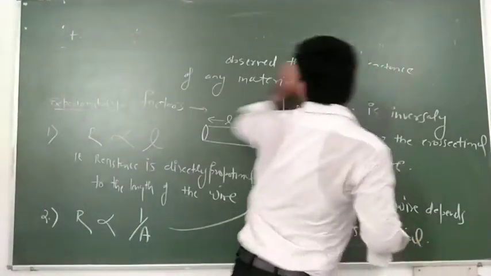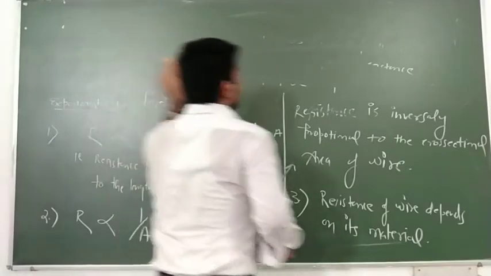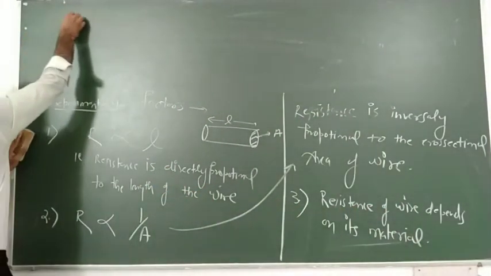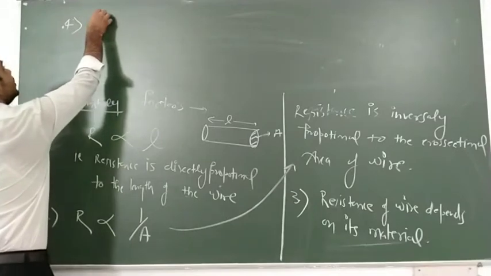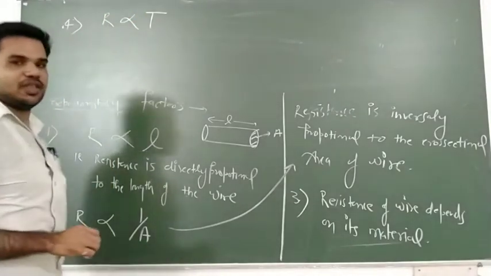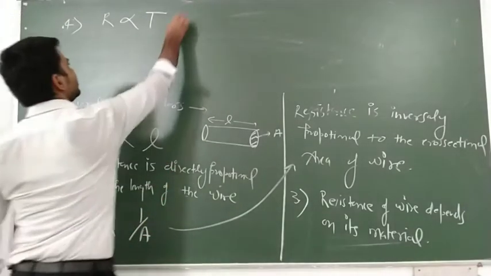I am going to remove this. The fourth one I am going to write here. The resistance of any wire is directly proportional to the temperature of the wire. Here T is the temperature.